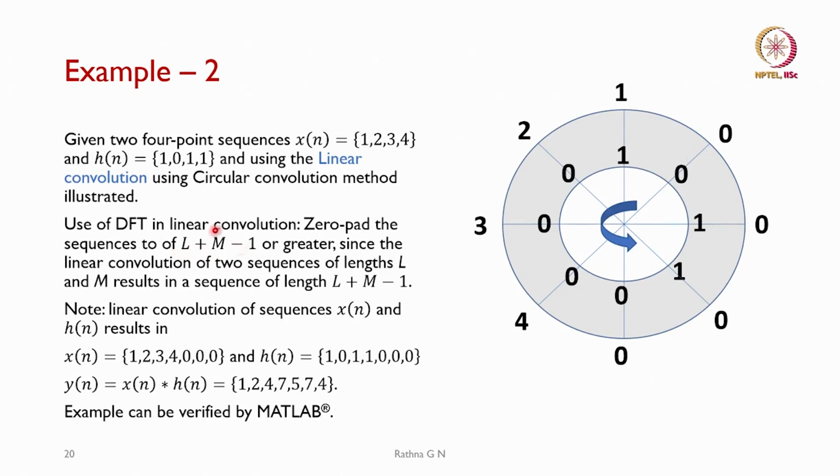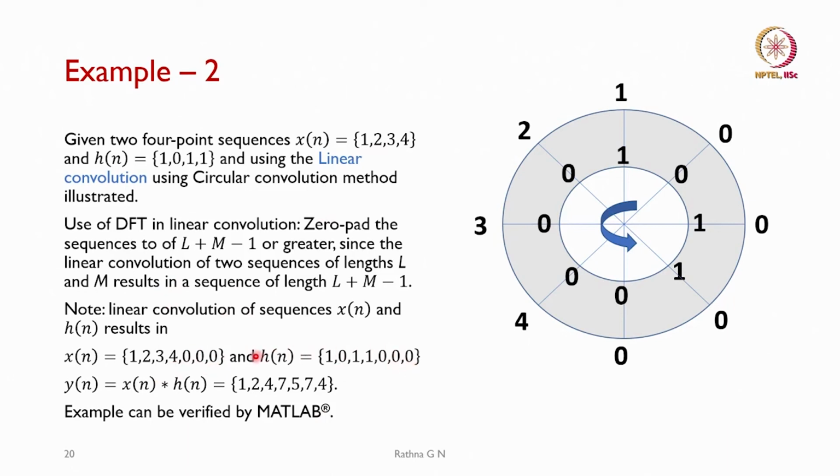So, we have to pad both of them with zeros, L plus M minus 1, where L is the length of x of n, M is the length of h of n. In this case, we have both of them equal, 4 plus 4, 8 minus 1, 7 will be the length, and what we have is 4 lengths. So, we will be padding with 3 zeros and then the other one also with 3 zeros.